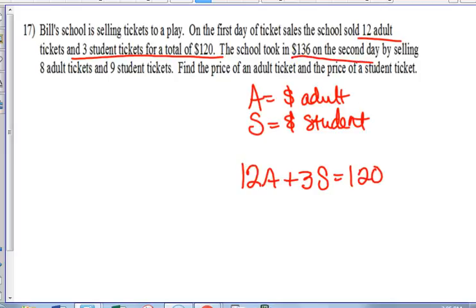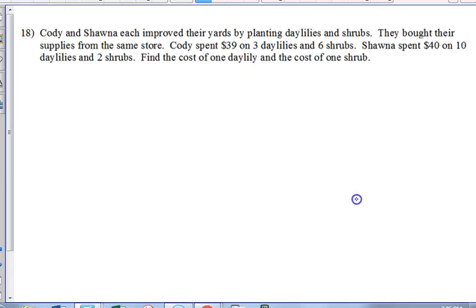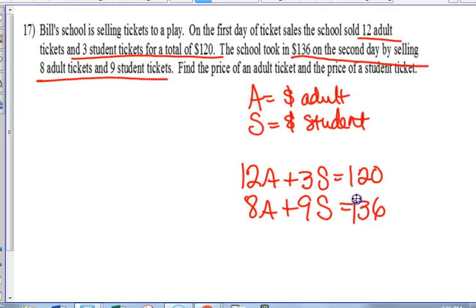The school took in 136 by selling what? 136? Thank you. All right. So you could solve that if you had to, or if you wanted for extra credit on the test, but it's very similar. Read the next question. I would, yeah. Multiply the top by a -3 and then add it so that the S's dropped out.